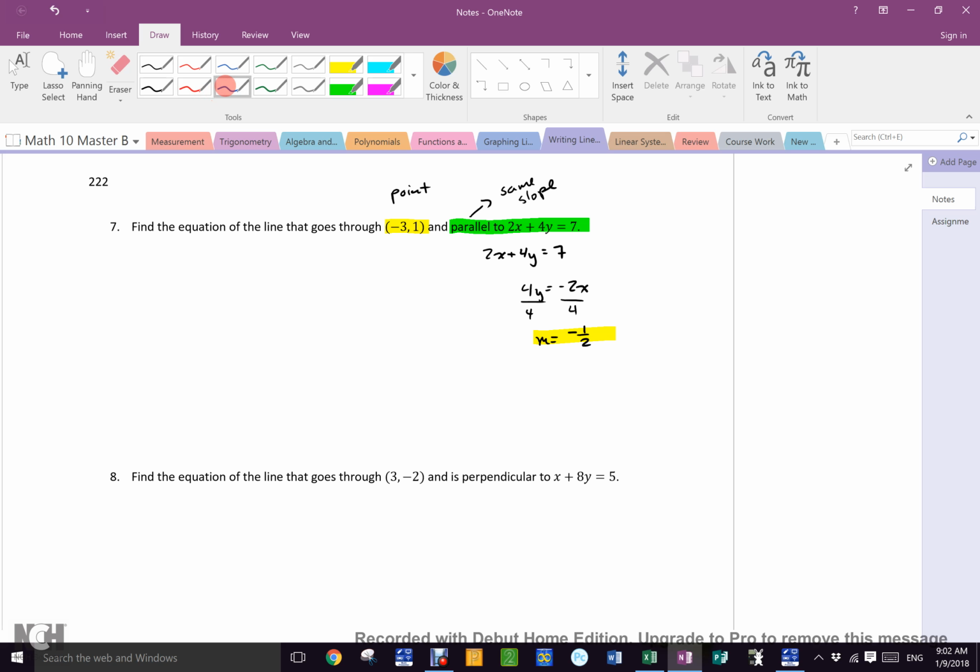What would it be? Y minus the known y value, 1, equals m, my slope, negative 1/2, times x minus the known x value, negative 3. So it's minus negative 3, which is plus 3. And now that guy's done.